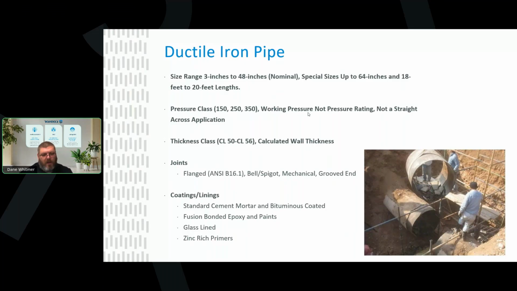If it's wastewater, you'd hear something like ceramic epoxies. You can get them glass lined, very expensive, very corrosion resistant, but also very fragile, right? Just like glass. And then you can also have your pipes coated with a zinc-rich primer, which helps in the corrosion aspect of the pipe.